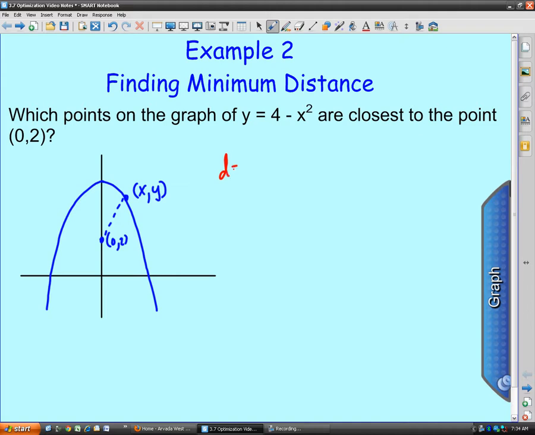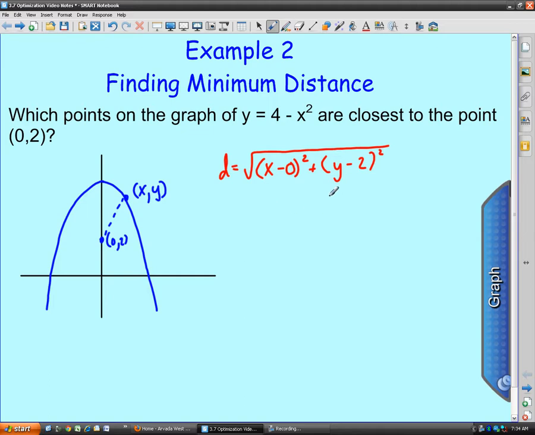If we're going to set up our distance formula, you have to remember that we subtract the x's from each other. So x minus 0 squared plus y minus 2 squared. And then the issue becomes, I don't want this all in terms of x and y. I need it in terms of x.